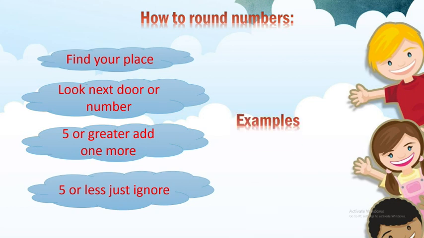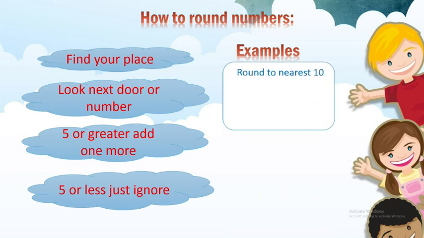Round to the nearest 10. The first number is 63. Okay, students, let's find the number to the nearest 10. First find the place value. In 63, the place value of tens is 6, right? So you have to circle the 6. Now look at the next number.